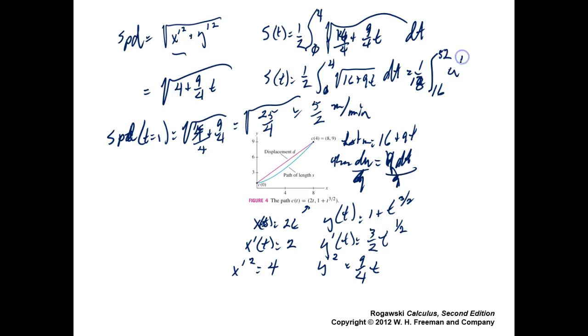It's u to the 1/2 du, because I already pulled out the 1/9 because you wanted me to. And that'll be that. What does that integrate to? 1/18. I'll bring that down. 4 times 9 is 36, right?